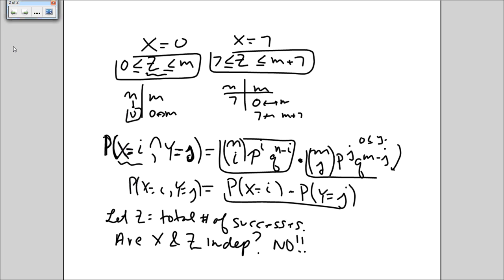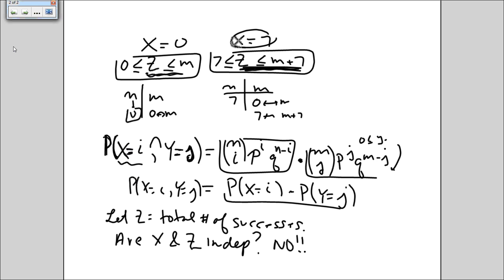If X is 0, then Z must be less than or equal to M. If X is 7, then Z must be less than or equal to M plus 7. That is, if X is 7, Z can be more than M, up to 7 more. Does it have to? No. Knowing X influences Z.